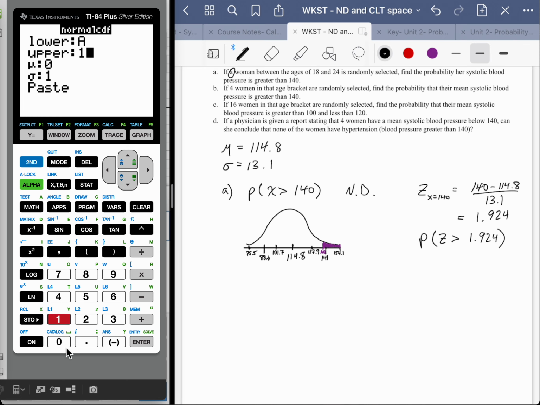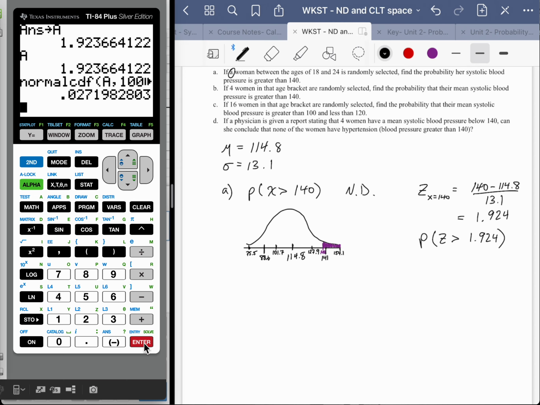The upper bound, I just need something sufficiently large. Crunch it, and we get about 0.0272. So that storing option isn't always necessary. I mean, it's hardly ever necessary because we're rounding anyway.